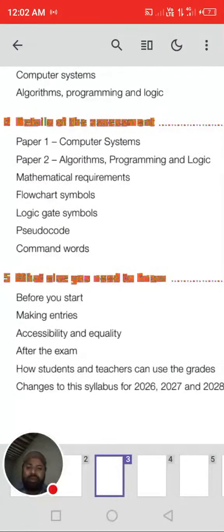Here I am going to show you, zooming out, and how you can proceed in that way. I think it's clear for you.